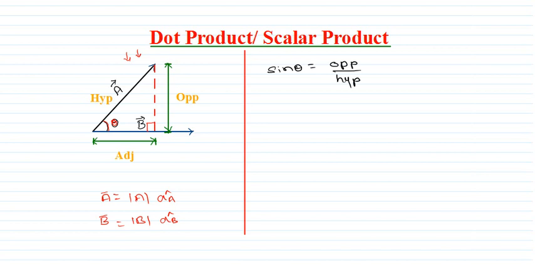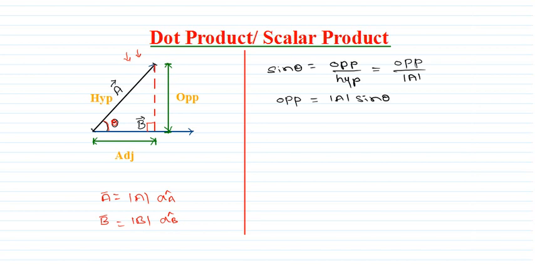The hypotenuse side is going to be the magnitude of A itself, because this length is my hypotenuse, but we don't know the opposite side. Using this relation, opposite is equal to magnitude of A into sine of the angle theta.